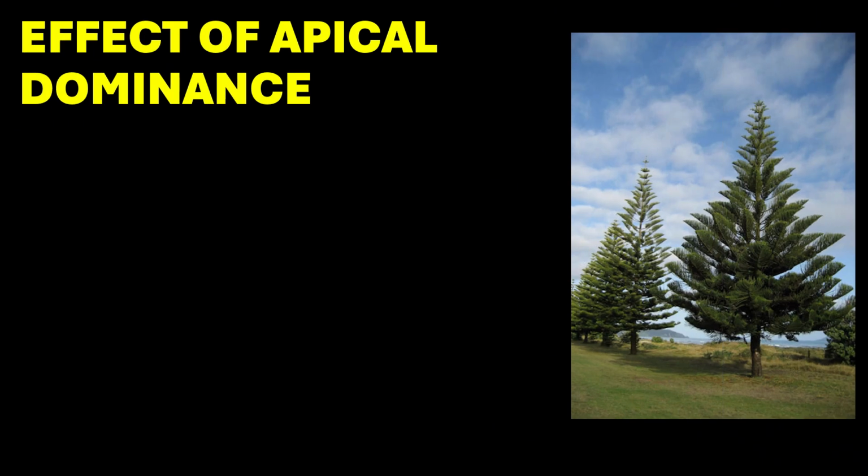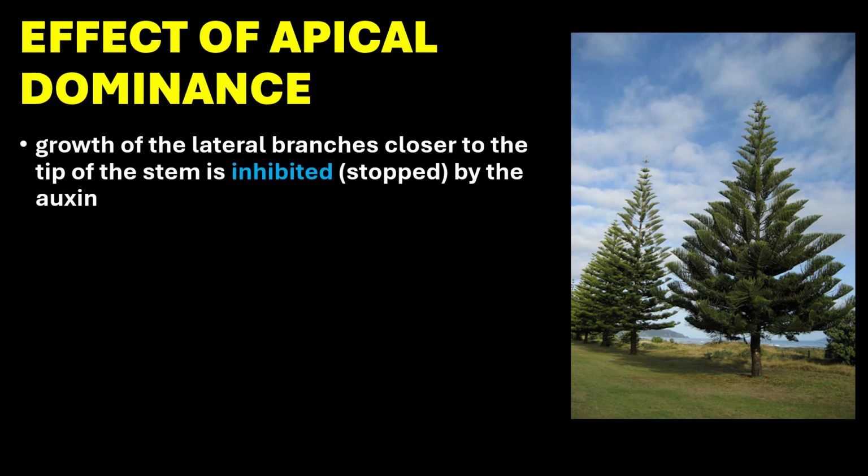Then we look at the effect of apical dominance. The growth of the lateral branches closer to the tip of the stem is inhibited by the auxin.